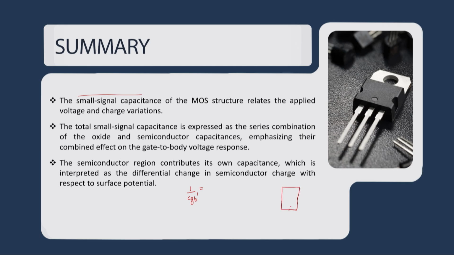In general, what we found is that the gate to body capacitance is nothing but the series combination of the oxide capacitance and the channel capacitance. So if you have a metal oxide semiconductor structure and you are applying a VGB, then the overall 1 over CGB is nothing but 1 over COX dash plus 1 over CC dash, where COX dash is the oxide capacitance per unit area and CC dash is the channel capacitance per unit area.